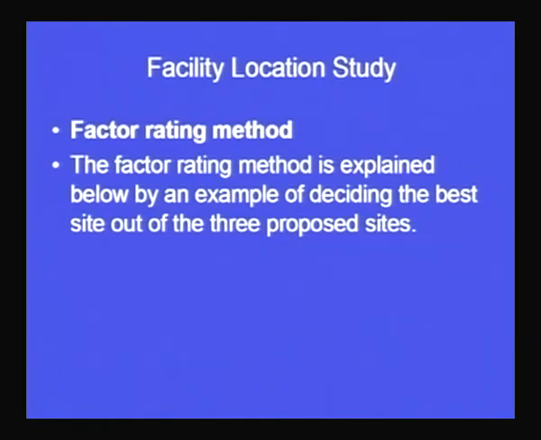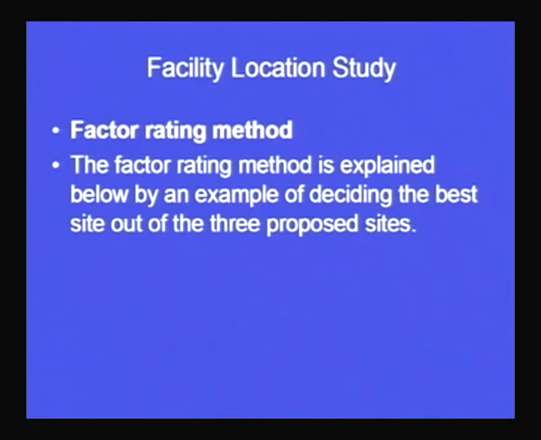We have to choose the most optimal location which would give us the maximum profit. For that we can use this factor rating plan, in which first we identify the factors and then we give the relative weightage to these factors, and then for each individual location we do the analysis, and then finally we are able to choose the best location based on the factor rating method.